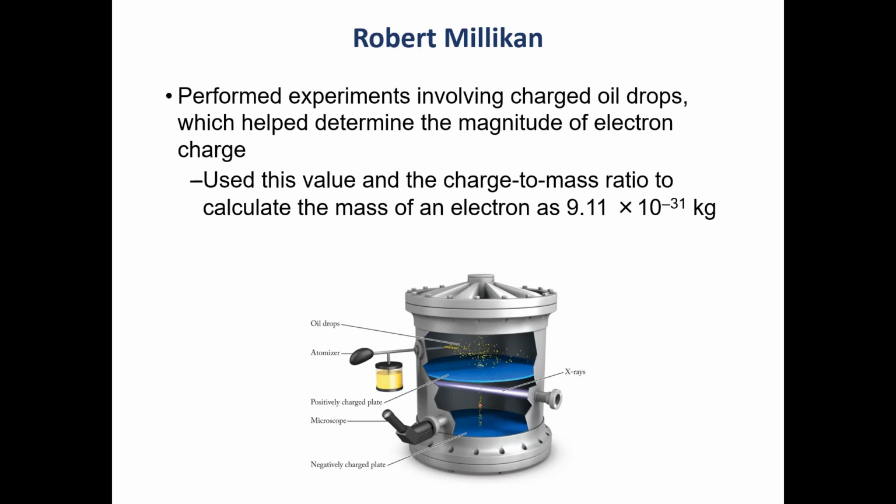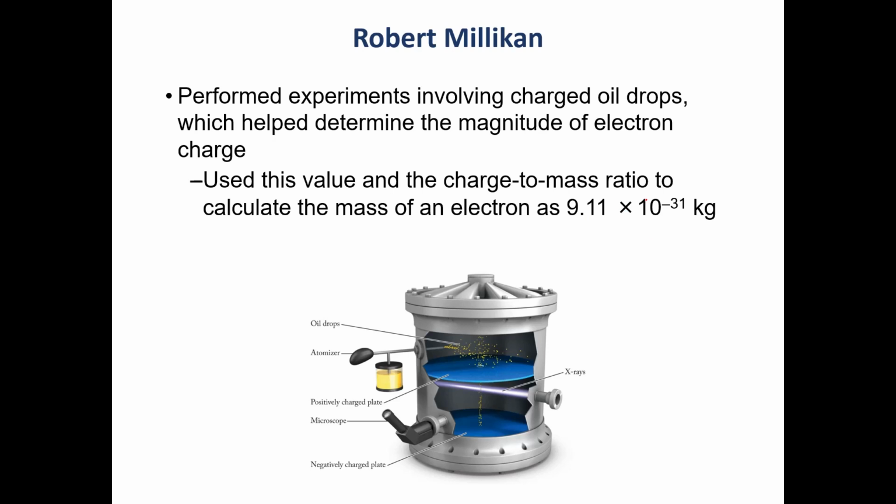So if you adjust the electric field here, you can change the mass to charge ratio on the droplets. Since you already know the mass of the droplets, then you can use that to calculate the charge on the droplets. And once we know what the electron charge is, we already know the ratio, the charge to mass ratio, so then we can use that to calculate the mass of an electron.